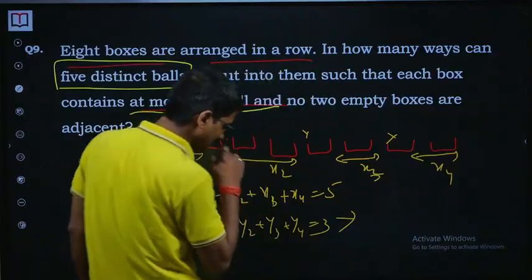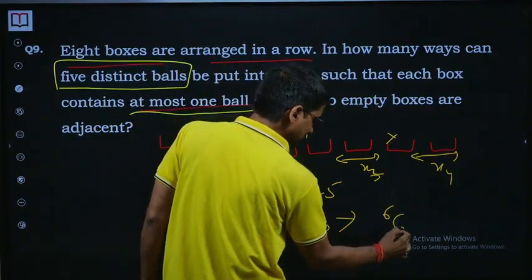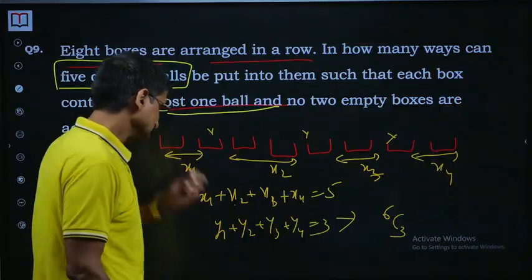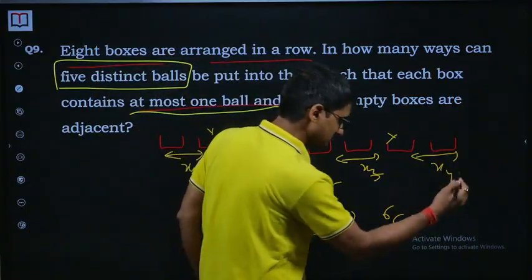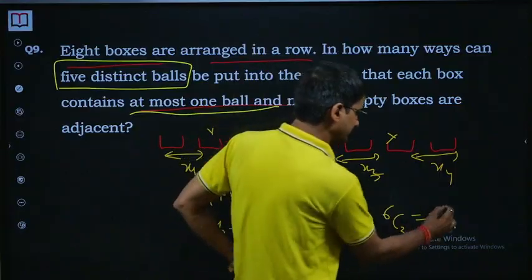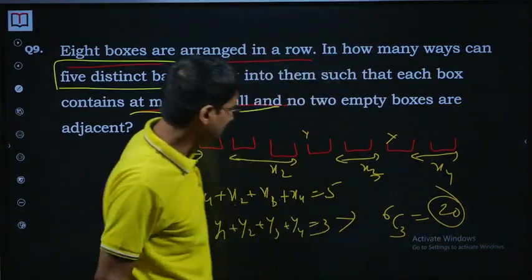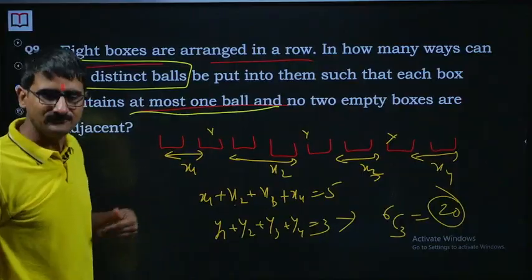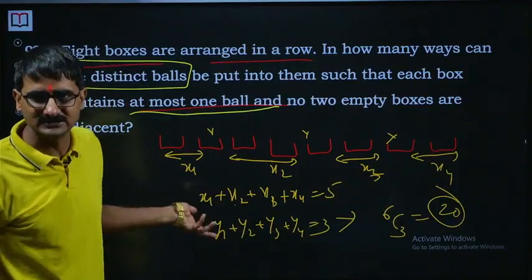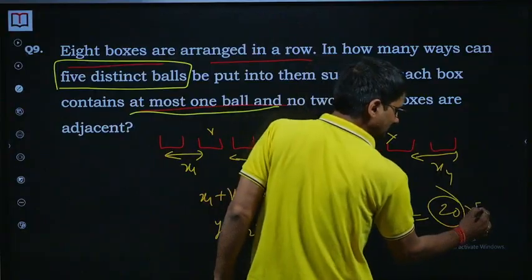So number of non-negative integral solutions is how much? 6C3. Isn't that? How much is it? 6C3 is 20. Okay, now 5 boxes and 5 balls, distinct, in how many ways? 5 factorial. How much is it?